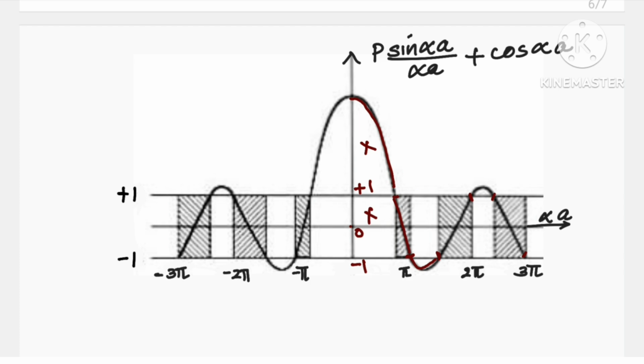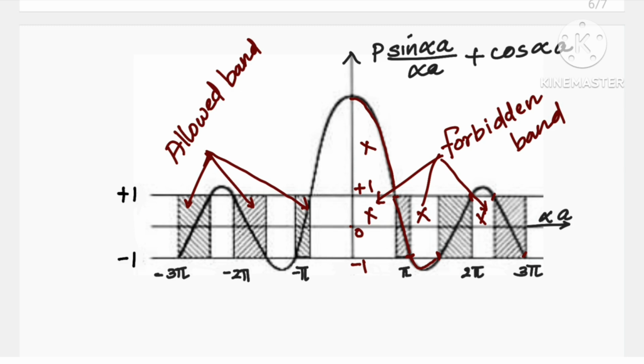In between, when it is beyond +1 or beyond -1, the regions are not allowed, hence these bands are called forbidden bands. Hence in this graph the shaded regions are allowed bands and the unshaded portions are forbidden bands, and the values are admissible when they lie between +1 and -1.